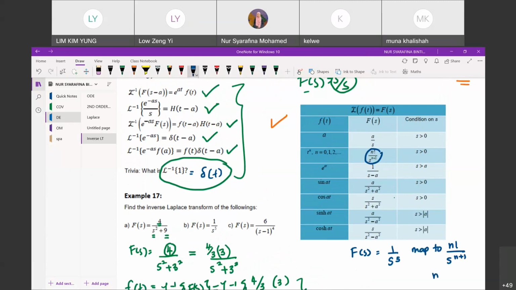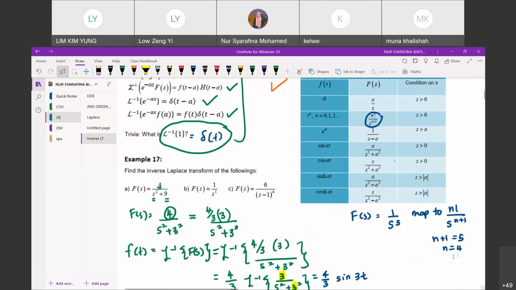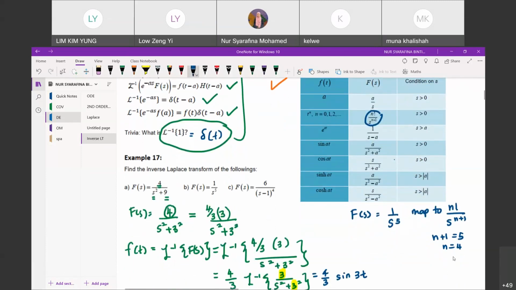And you know that n plus 1 equals 5, so n equals 4. Okay, so in order to get this f(t), you have to have 4 factorial here over s to the power of 4 plus 1. But you want to remain 1, so just multiply with 1 over 4 factorial.